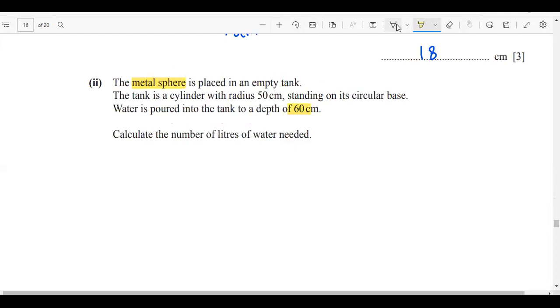So for such questions, I'll be talking about the volume of the cylinder. I'll subtract the volume of the metal sphere just so I have the volume left, and that would basically give me the number of liters of water. Okay, so first of all, let's talk about the volume of a cylinder. What is the formula for volume of a cylinder?